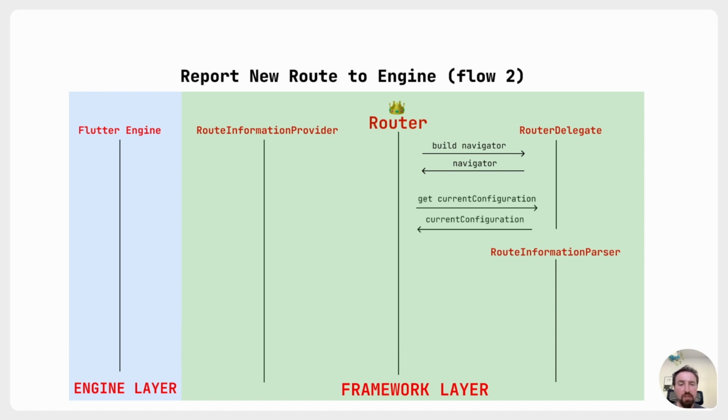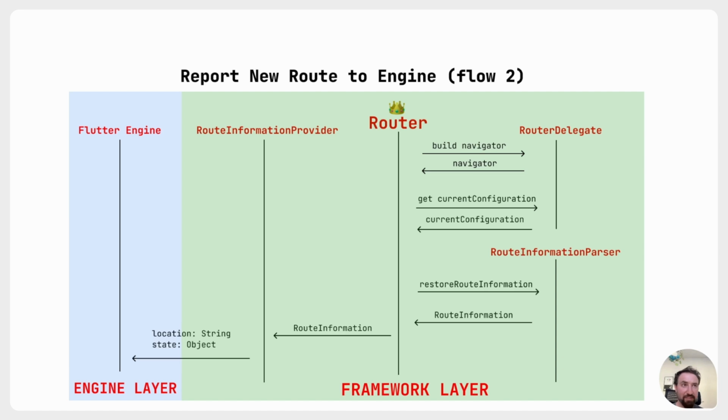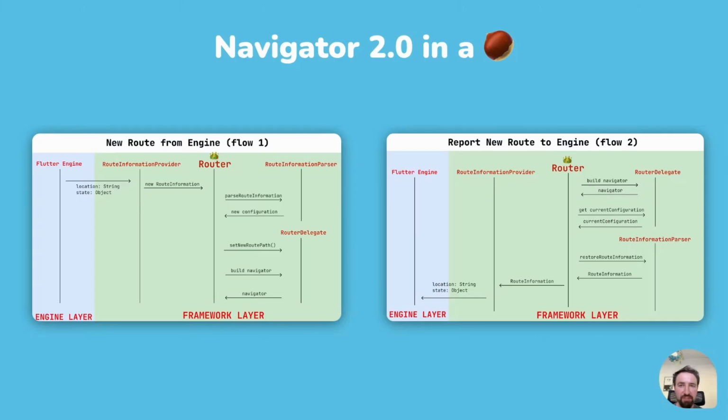Next, the Router widget gets the current configuration from the RouterDelegate and forwards this configuration to the parser. The parser provides a new RouteInformation, and finally, the engine updates the browser history, and the URL in the browser is updated with the new state. This is Navigator 2 in a nutshell.